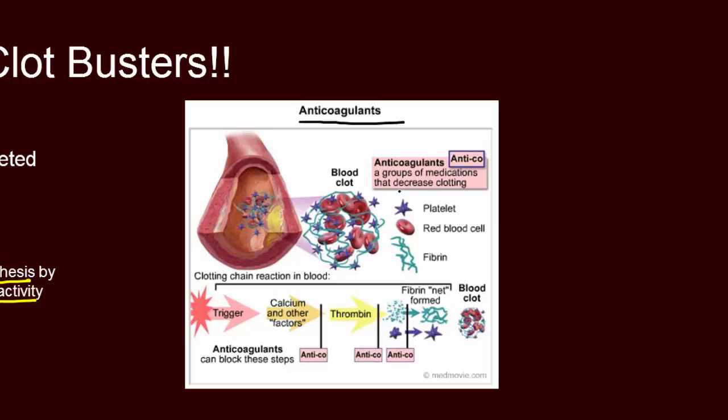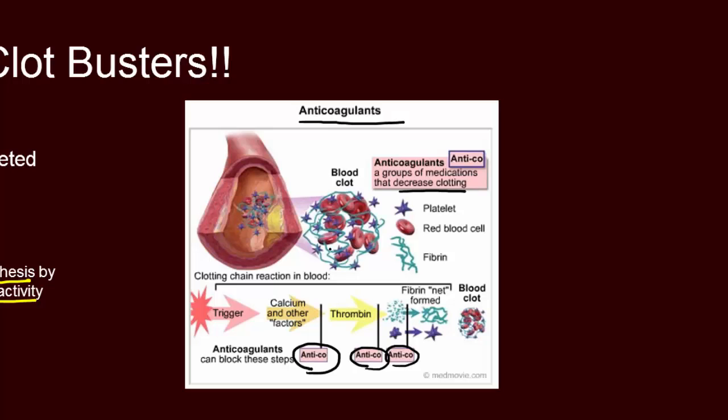They're used to help decrease clotting. Anti means against, so we're resisting clot formation. We can use anticoagulants in many steps of the clotting process, at different areas. We can use aspirin to prevent platelets from sticking together. We can use Coumadin that inhibits vitamin K activity in the liver.